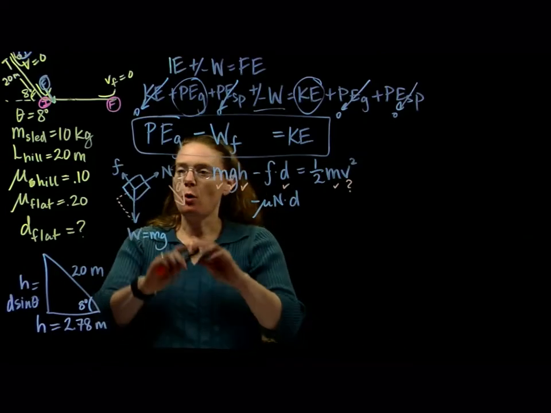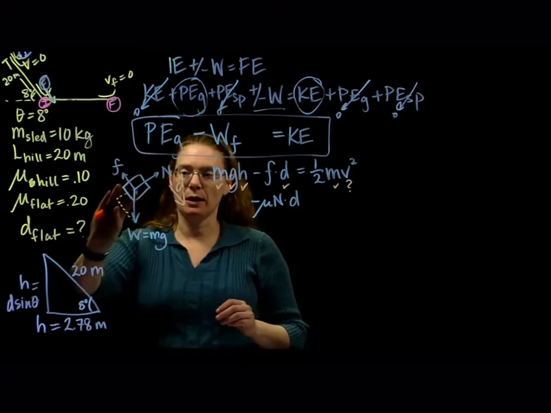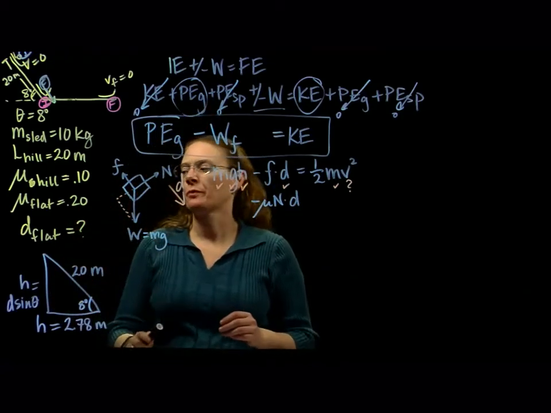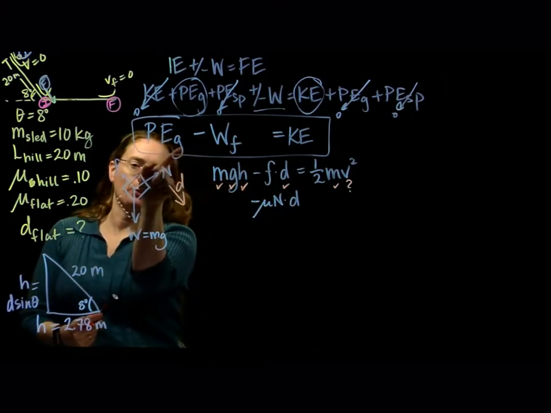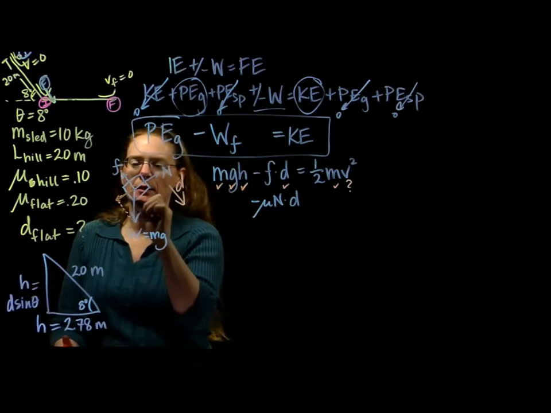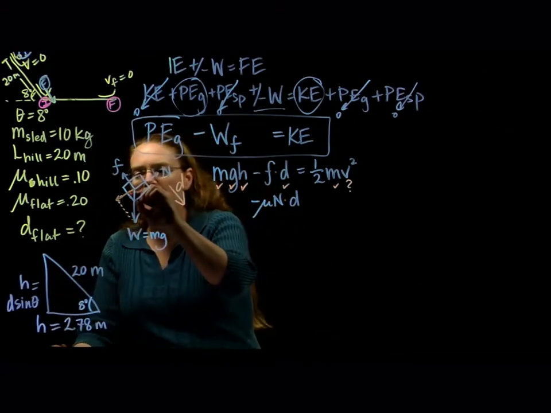There is no acceleration along the perpendicular here. There's nothing making it accelerate away from the slope or into the slope, which means that this force, the normal force upwards, has to be exactly equal to this part of the weight downward. Which component of the weight is that? Well, this is our angle.